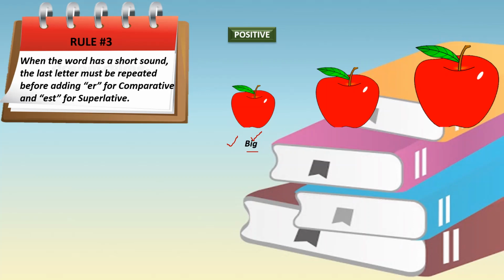Now whenever you have a short sound adjective or a short sound word, before you convert it from one degree to another, you have to repeat the last letter. Repeat the last letter means you have to double the last letter. The last letter has to be written twice.